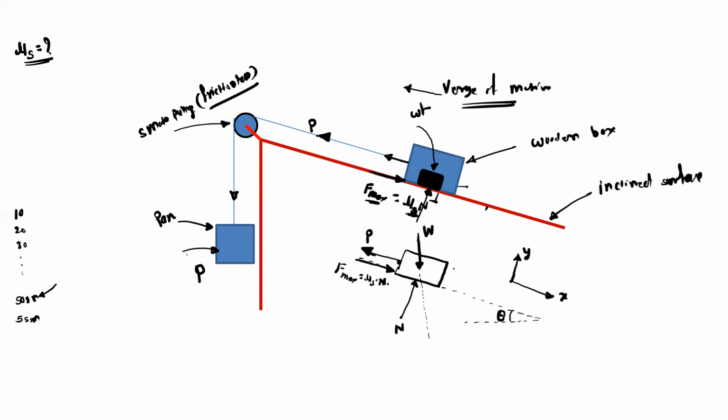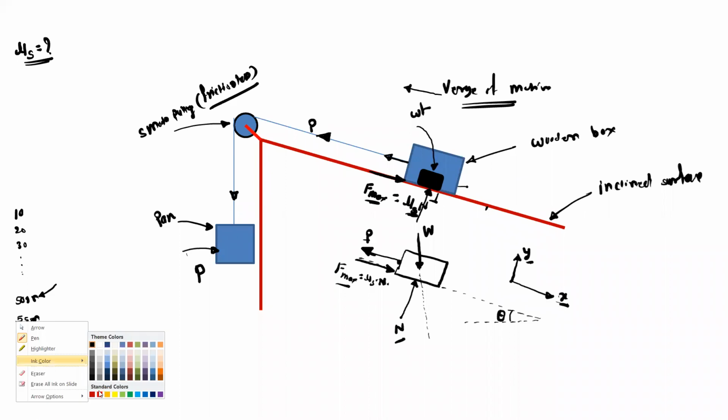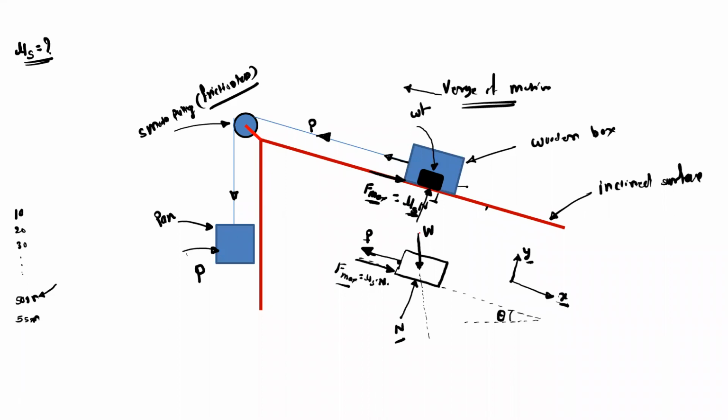Now just observe this x-axis and the y-axis. The force which is inclined to these axes, we have to resolve. Here, the normal reaction is along the y-axis. Fmax and P are along the x-axis. So only this W is inclined, and we have to resolve this force. Draw the component parallel to the y-axis and the component parallel to the x-axis.